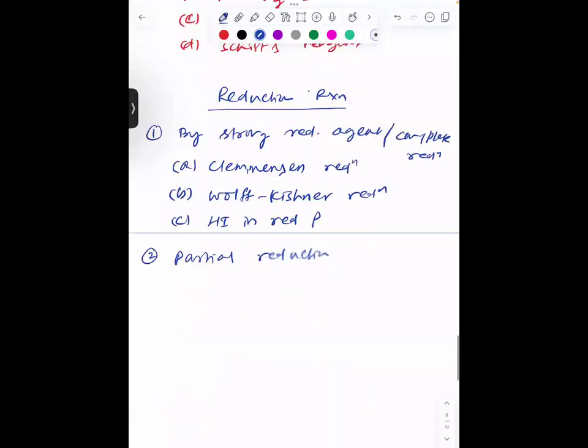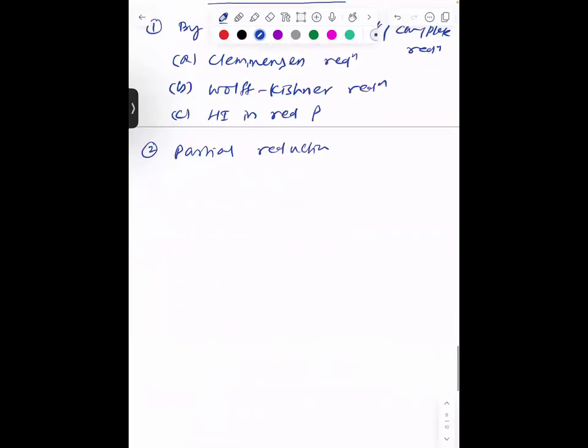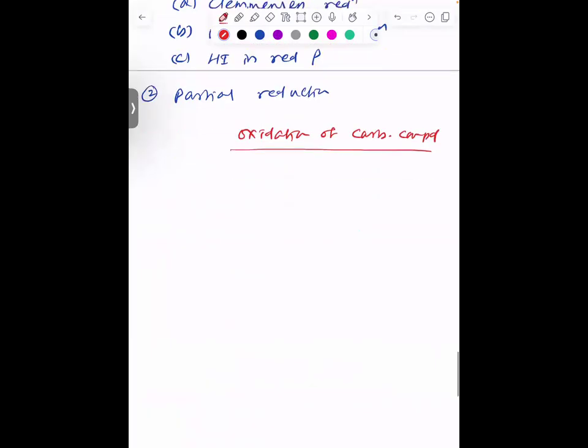Now we are going to discuss the oxidation and reduction of aldehyde and ketone. First, oxidation of carbonyl compound, that is aldehyde and ketone.